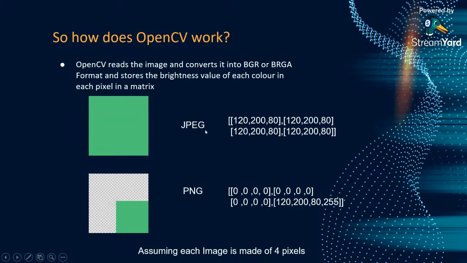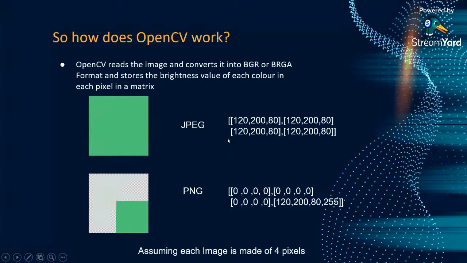Now there are mainly two types of images, JPEG and PNG. For PNG, you also have to store the transparency value of these images. So another value can be added to it, which is called the alpha channel. And this fourth value stores the alpha value of the image.